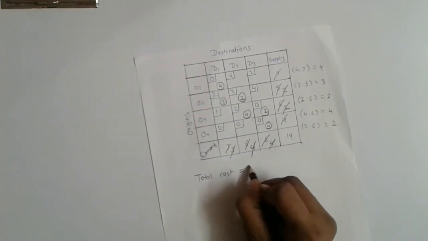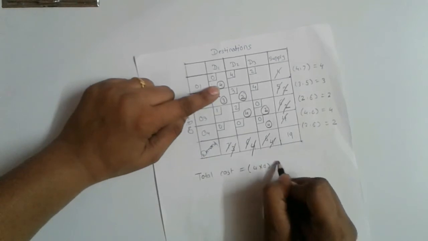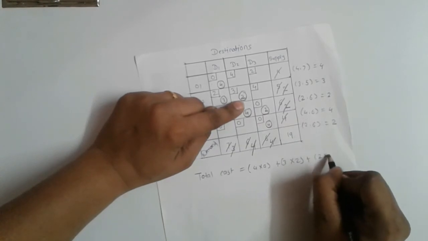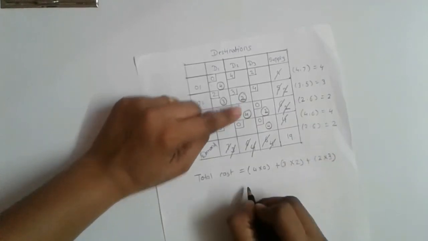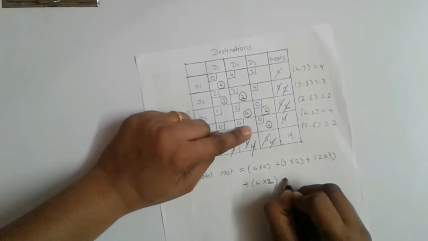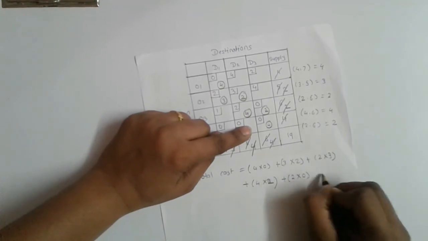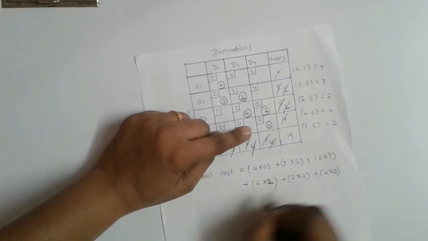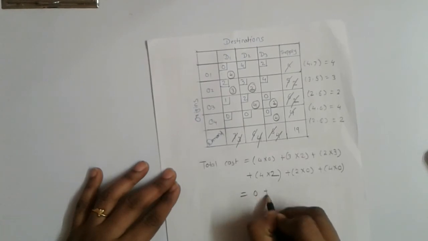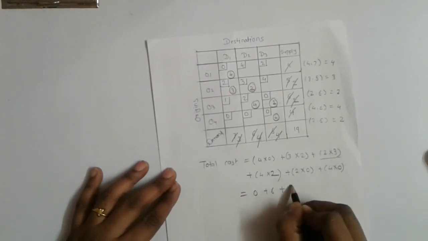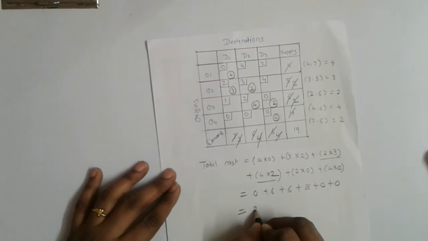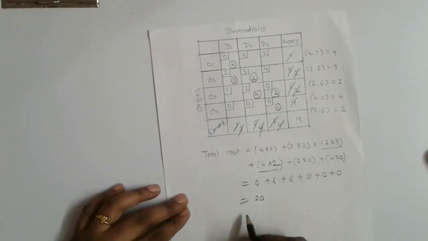So the total cost is equal to 4 into 0 plus 3 into 2 plus 2 into 3 plus 4 into 2 plus 2 into 0 plus 4 into 0, that is equal to 0 plus 6 plus 6 plus 8 plus 0 plus 0, and this is equal to 20. So the total minimum transportation cost is 20.